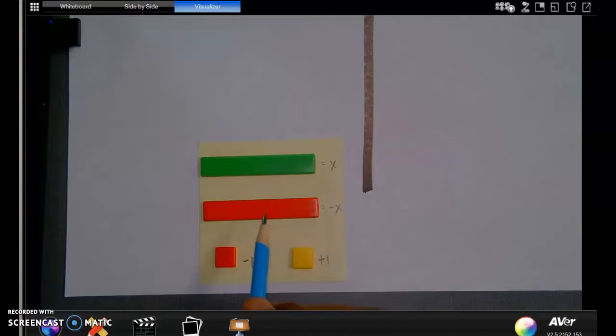The red rectangle is going to represent our negative X value, and the red square here is going to represent a -1. Multiples of those would add up to be -1, -2, like that. And then our yellow is going to be a +1, added together, +1, +2, +3. But I'll make more sense of that in just a moment.